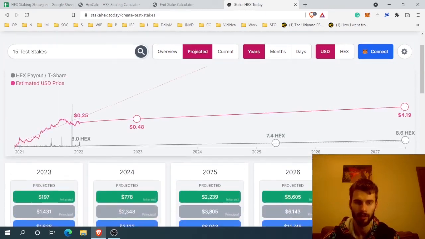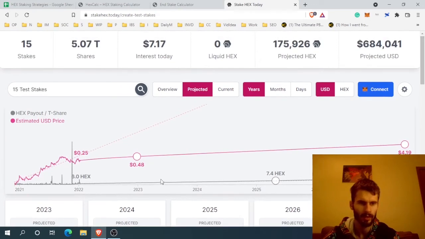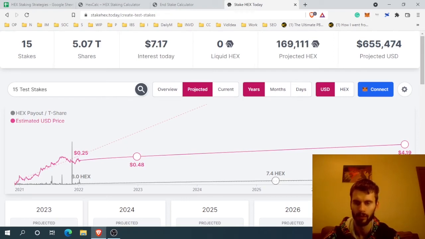So that's what's possible. Also, there's a second curve of Hex payout per T-share. It is maybe at a better range, but it is also very impactful. This is basically how much Hex you make per T-share.